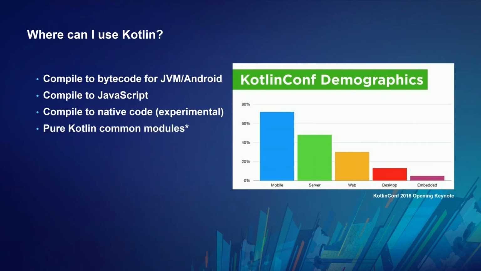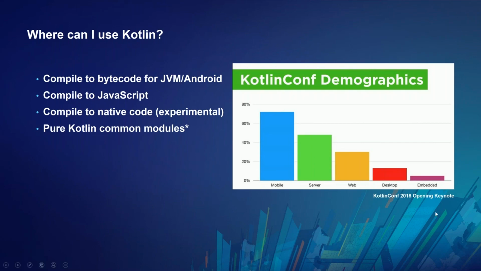And then there's also a cross-platform story when it comes to Kotlin, where you can create pure Kotlin common modules that can be shared on projects for targeting all of these different platforms. Now, I won't be demonstrating this in today's webinar, but if you are more interested in this, I advise you to search Kotlin multi-platform.